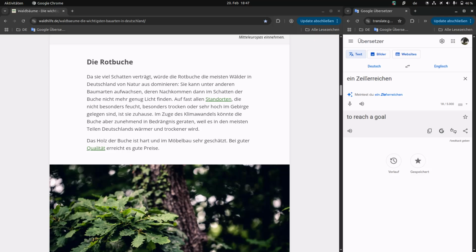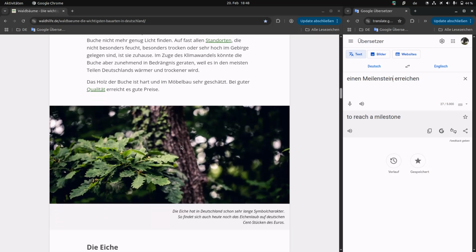Or einen Meilenstein, which is a milestone. And bei guter Qualität erreicht es gute Preise. If you were to translate that literally, erreicht, reaches, gute, good, Preise, prices. So if it has good quality, it reaches good prices, I guess.